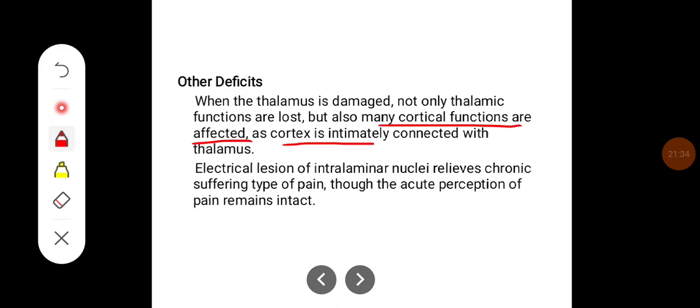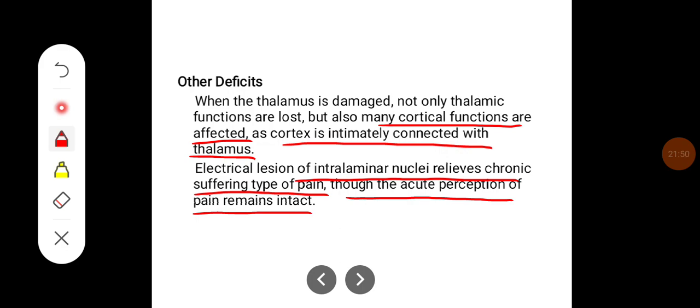The cortex is intimately connected with thalamus. Electrical lesion of the interlaminar nuclei relieves chronic suffering type of pain, though the acute perception of the pain remains intact.